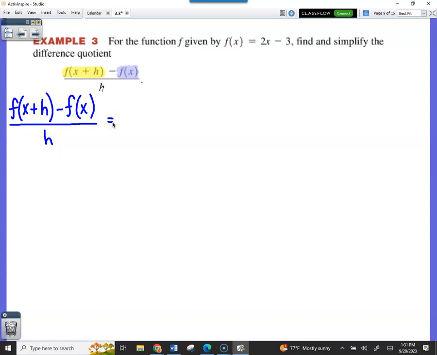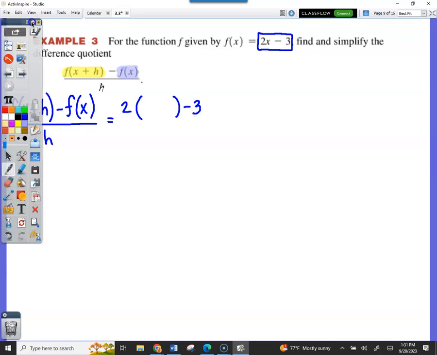This is the function f. It's 2x minus 3. Everywhere there's an x, I'm going to write x plus h. So watch how I get this. 2 beep, minus 3. And what goes in the beep? X plus h.